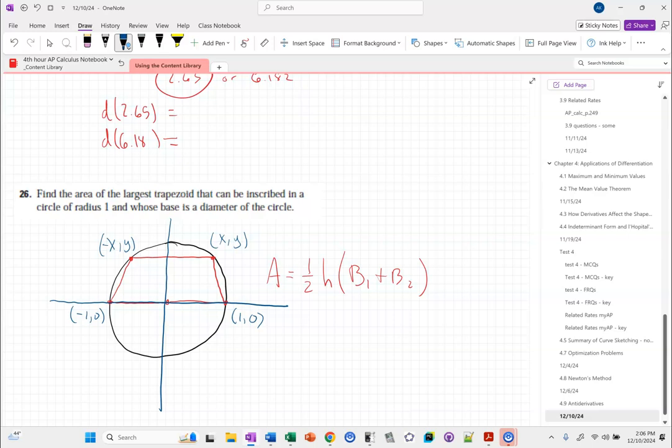So if I call this guy base 2, what is that going to have to equal? 2. Is everybody good with base 2 is 2? If I call this base 1, base 1 is 2x. Everybody's okay there?